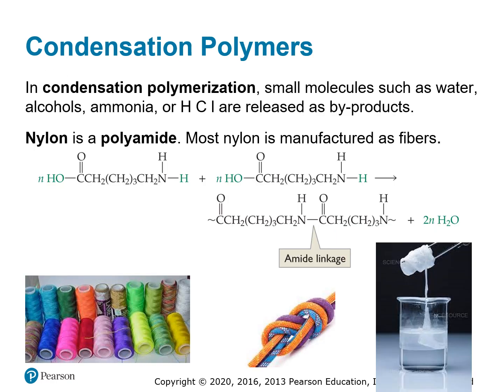But here we have more examples of polymers. These are condensation polymers. Condensation polymers are made up of small molecules such as water, alcohol, ammonia. This is HCl. And this is how nylon, which is a polyamide, is made. So here you see one amide bond.